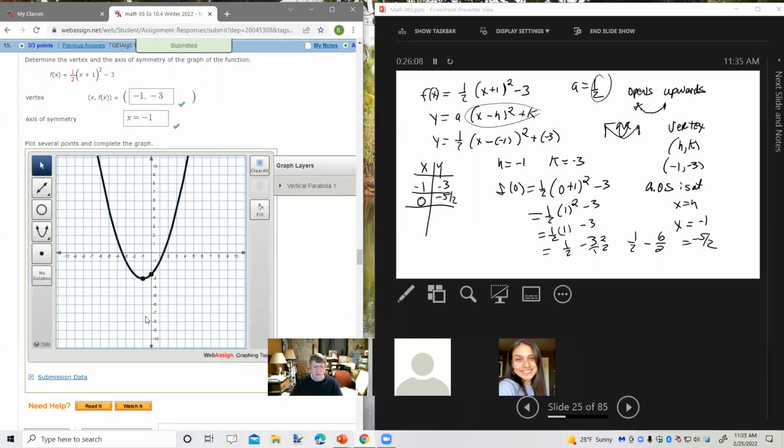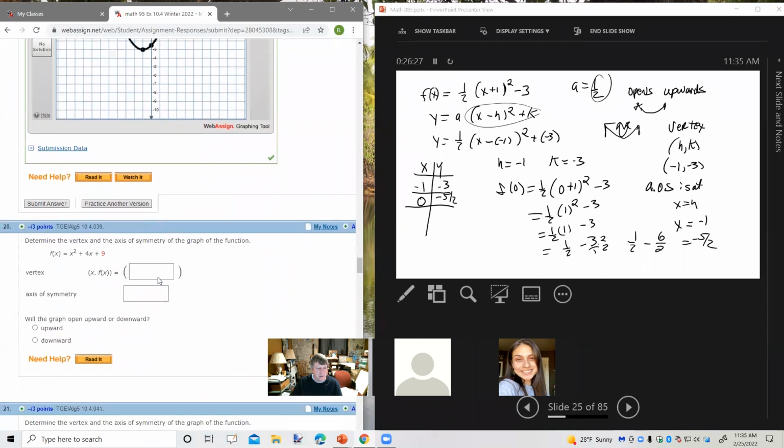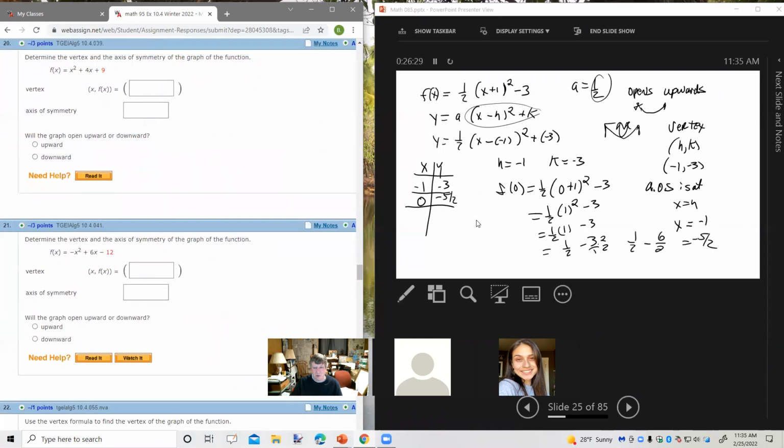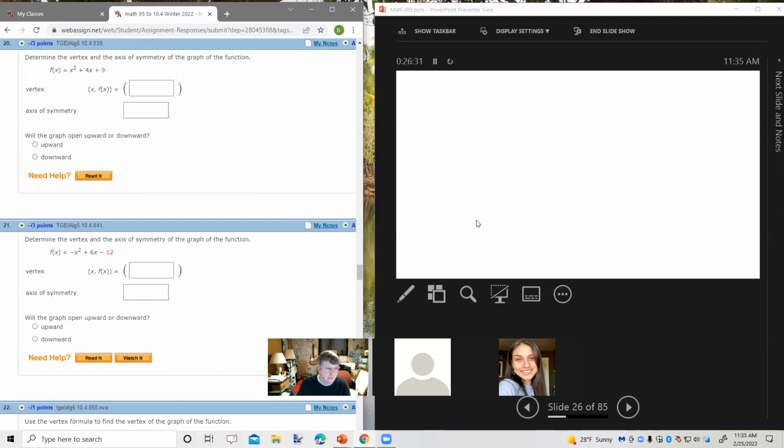All right. Now, today, we're going to look at a different way of graphing parabolas from a different form of a quadratic equation, as well as finding x and y intercepts and maximums and minimums. So let's start out with a second degree equation that's in a different form.